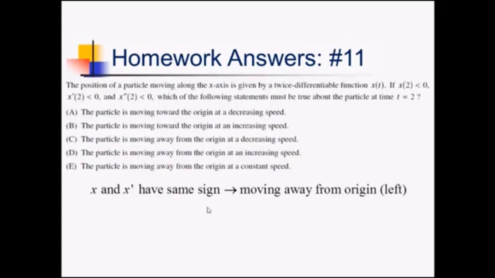Now, to figure out if we're going at a decreasing or increasing speed, we look at the velocity and the acceleration of the particle. Since those both have the same sign, it means they're working together. So that means that we are increasing speed. So moving away at an increasing speed, that is going to be choice D.